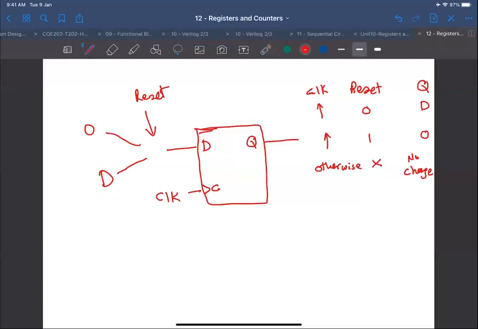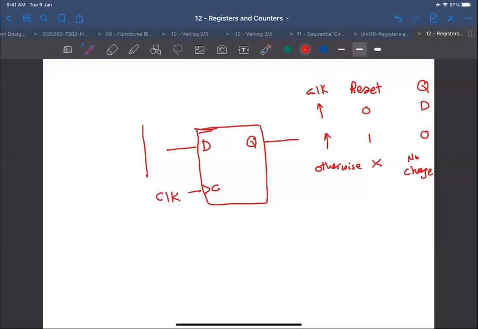So what do we have here? We have two options, either 0 or D depending on reset. If reset is 1, we get 0. If reset is 0, we get D. What is this component here? What do we call it? Multiplexer. Multiplexer, excellent. Yes.